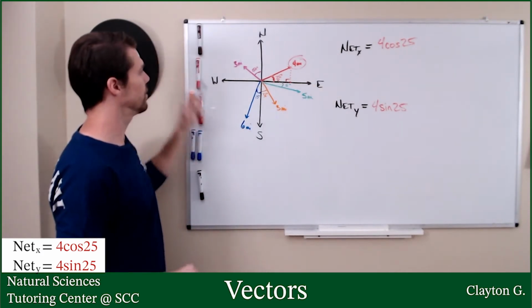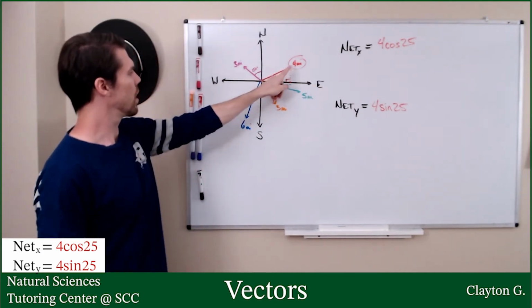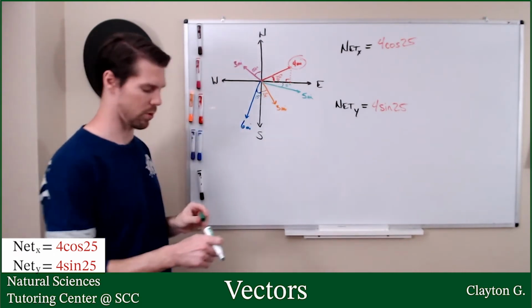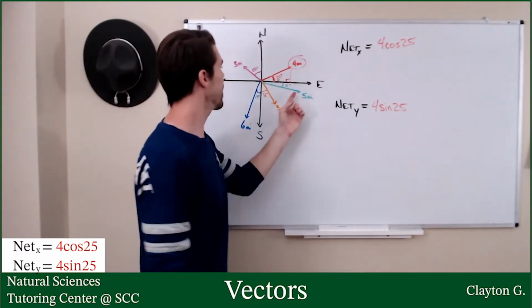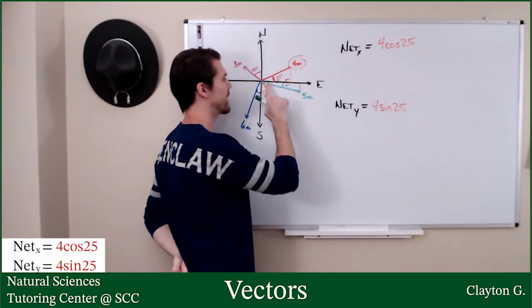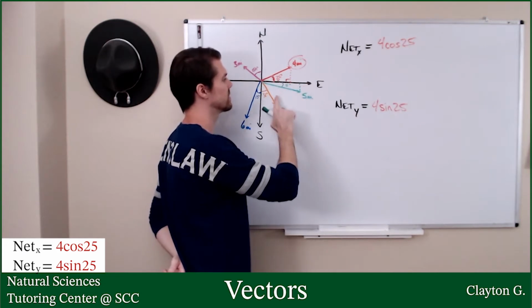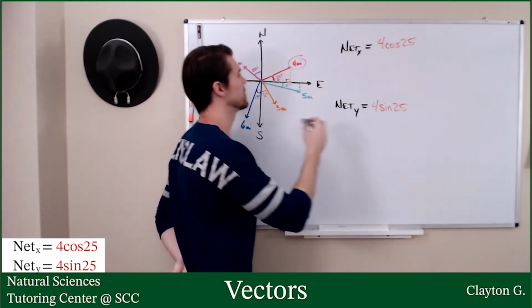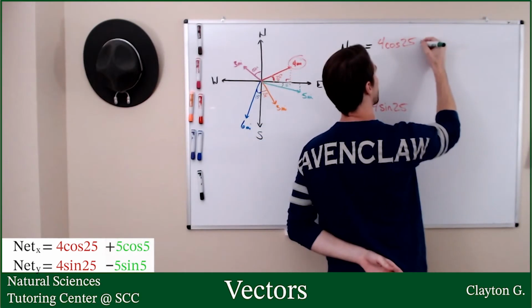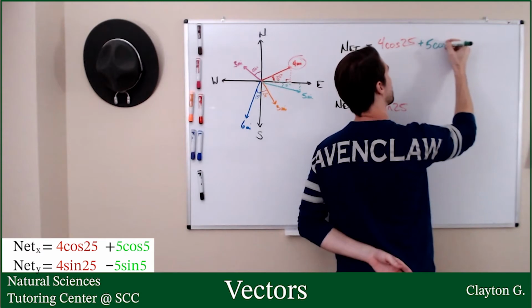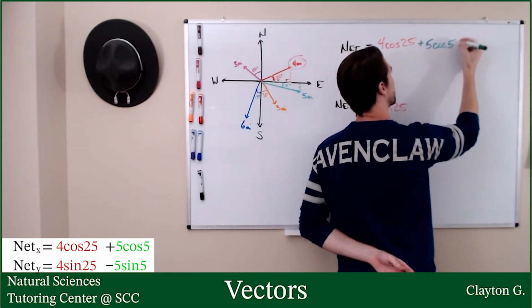Let's continue. I'm going to just go clockwise around here as far as the colors are concerned. I can't remember what order they were written in. So now I want my x and y portion. The x portion is positive, so this is the adjacent side. That is 5 miles, so plus 5 cosine 5 degrees.